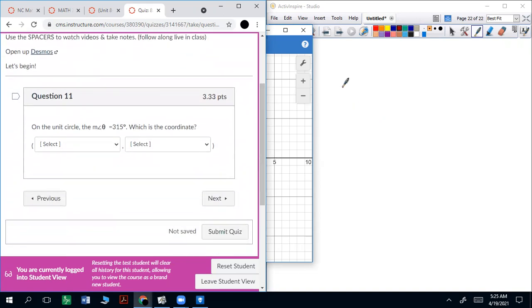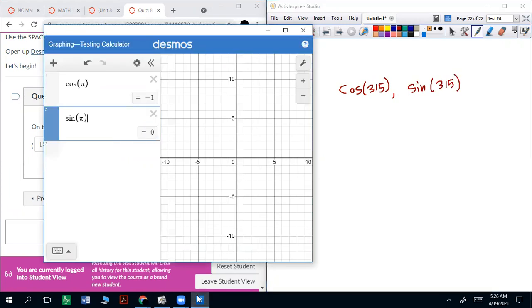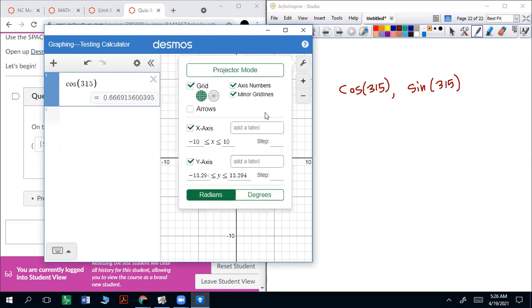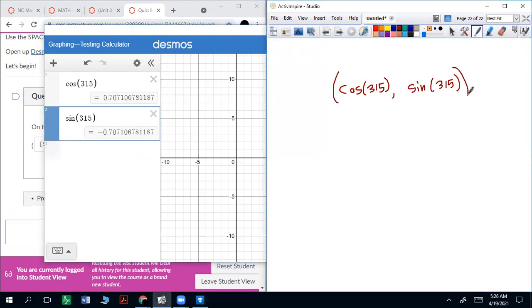Hmm, 315, cosine of 315, sine of 315. And notice that I'm not in degrees. There we go. All right, so we have positive 0.707 and a negative 0.707.